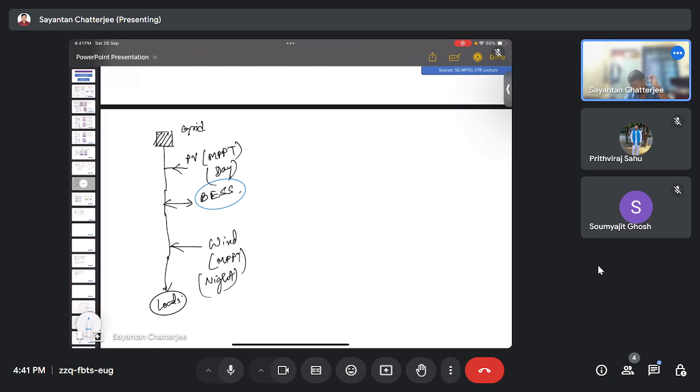So in those cases, which is generally observed for PV in the daytime and wind in the night time, the best way is to store that amount of energy to be used later on. Okay, but still it has SOC limitation.